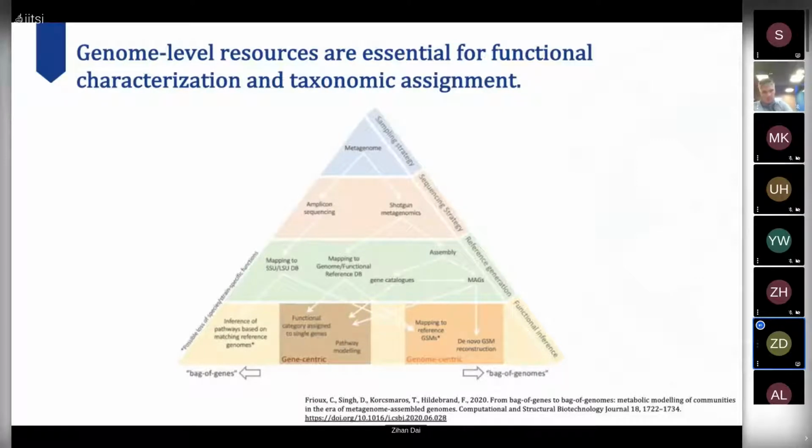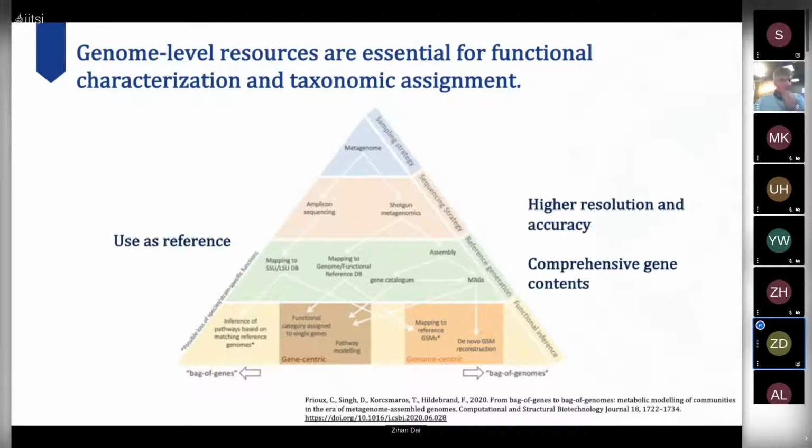The enormous advantages were shown in genome-resolved analysis as compared to gene-centric analysis, which is able to achieve higher resolution and accuracy, provide more comprehensive gene contents, and be used as reference for future gene-centric analysis.